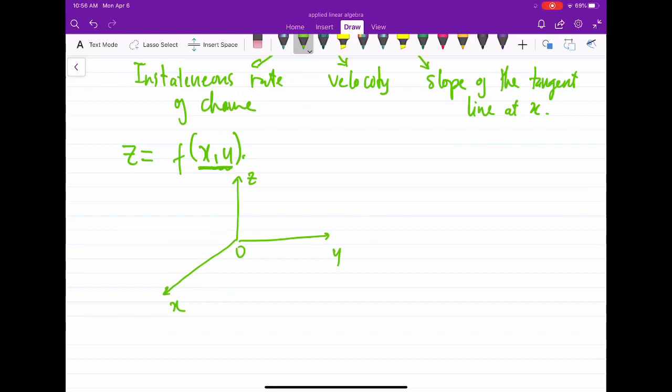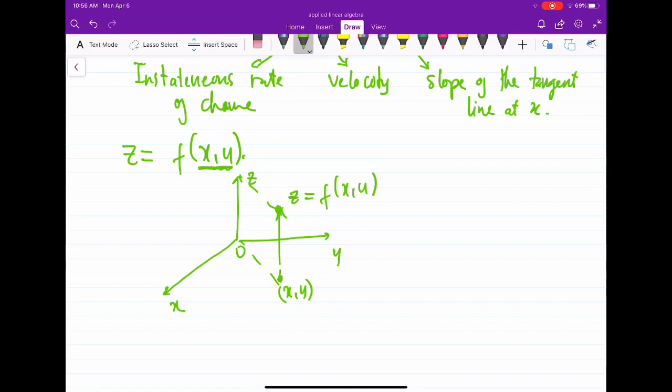That means you have two coordinates of a point right here, x, y. And then you just plug x and y into the function, and you get some value z. That is z equal to f of x and y. Make sense? So that's how we can look at a function of two variables.